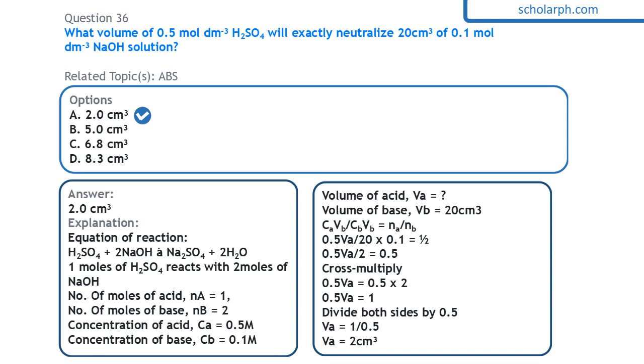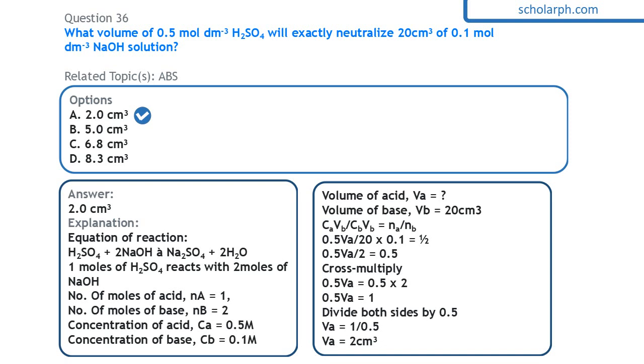So we recall this formula from stoichiometry: CAVA over CBVB is equal to NA over NB. That is concentration of acid, volume of acid, concentration of base, volume of base, number of moles of acid, number of moles of base.